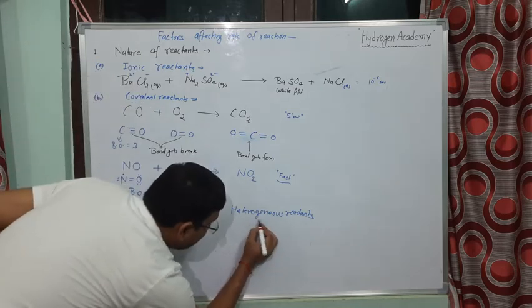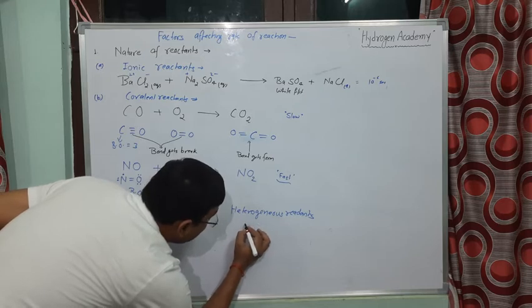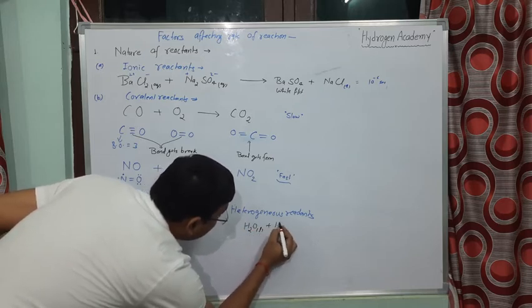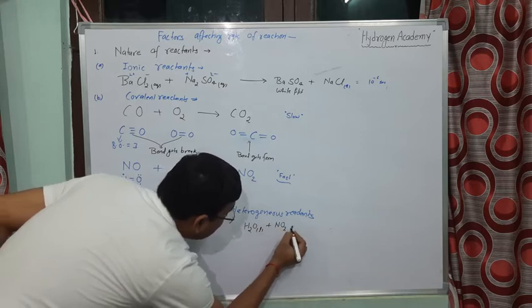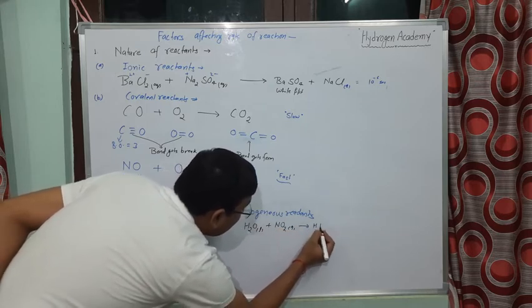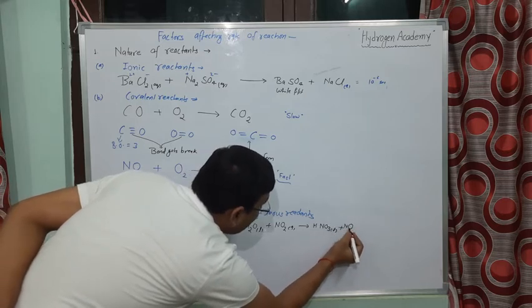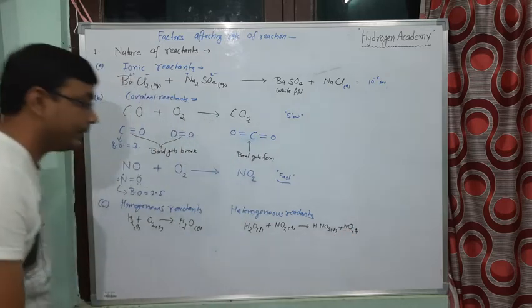Another example for the heterogeneous reactants, water liquid reacts with NO2 nitrogen dioxide gas gives HNO3 plus NO gas, nitric oxide.